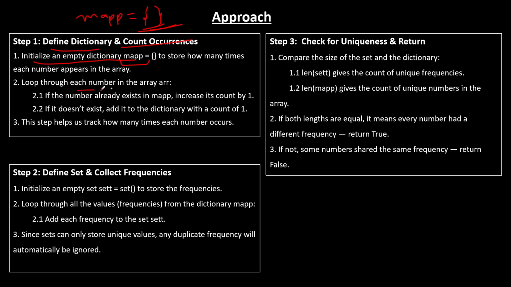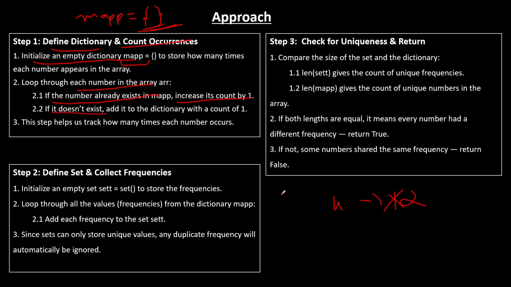Then we loop through each number in the array. If the number already exists in the map, we increase its count by 1. If x is there already with some count 1, and you get that value in the array again, you don't remove it and do the same stuff again. You just update the count to 2.